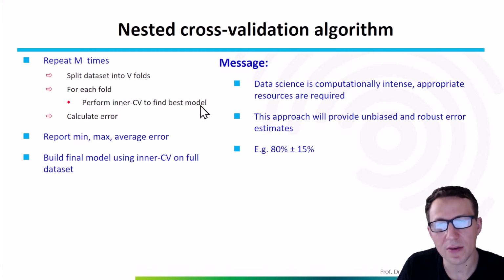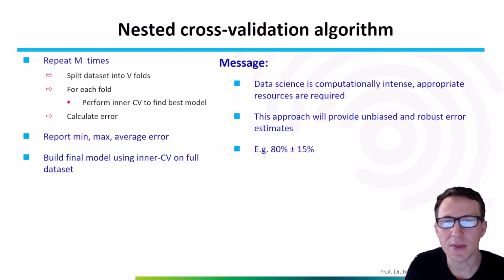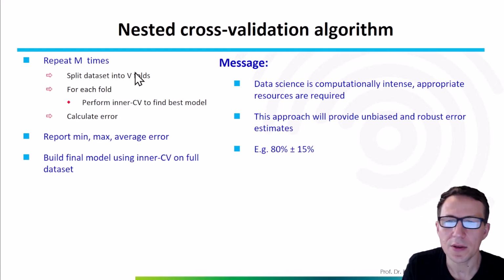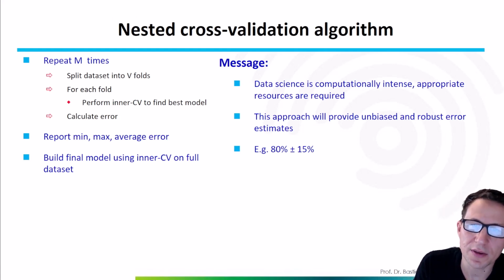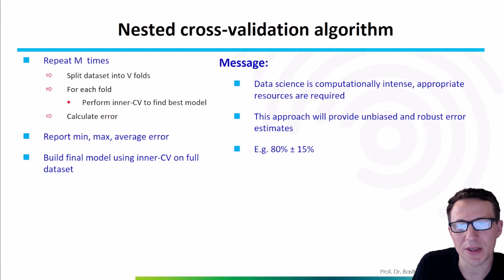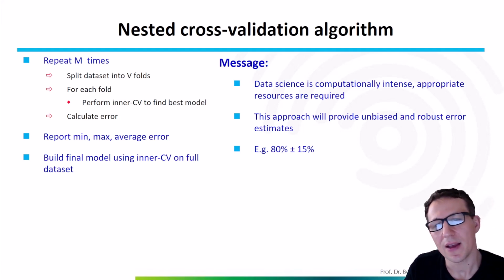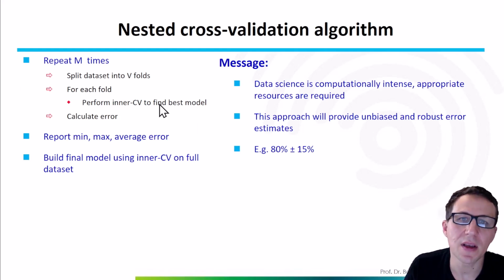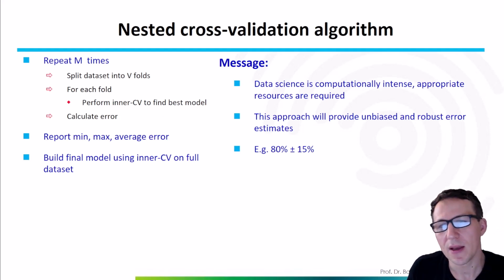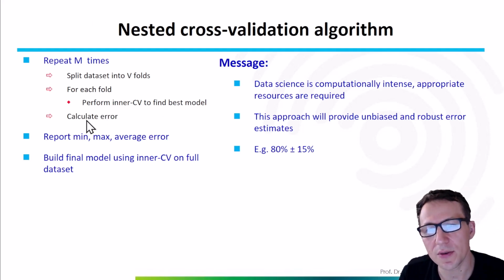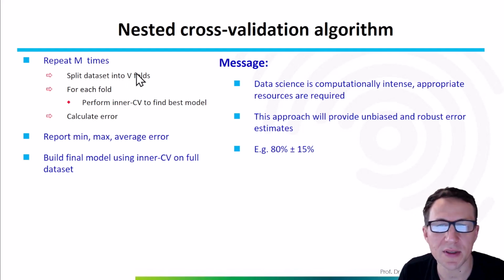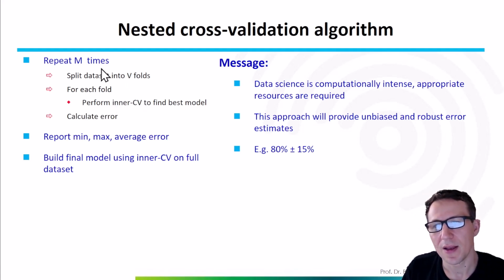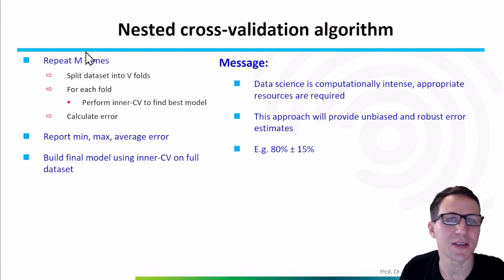Within this inner run, which only has like 90% of the data, you can do any kind of optimization that you would like. This inner loop does not return the performance estimate, it returns a model. You can use this model to calculate the error on the 10% that has not been provided to this inner loop. And obviously you have to do it several times.